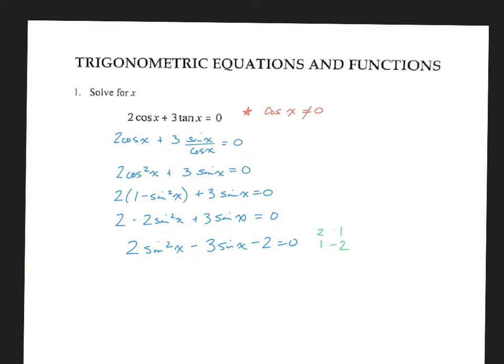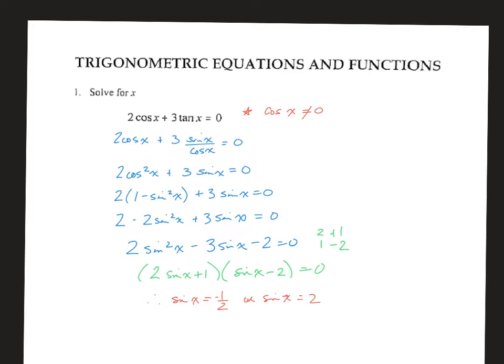If I have a negative and a positive, then I can get to my negative 3. That factors into 2 sine x plus 1 and sine x minus 2. That allows us to solve for the ratios: sine x equals negative 1/2 or sine x equals 2.